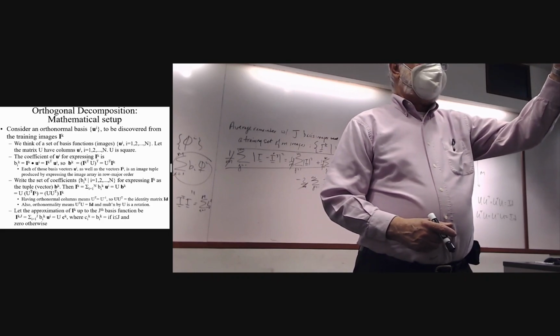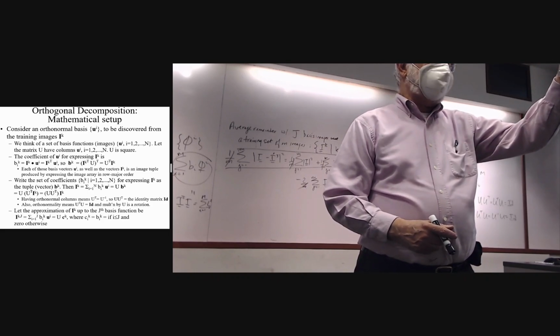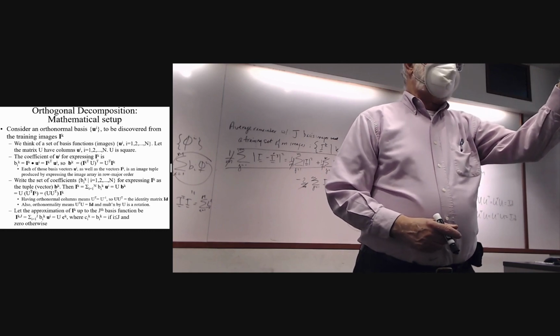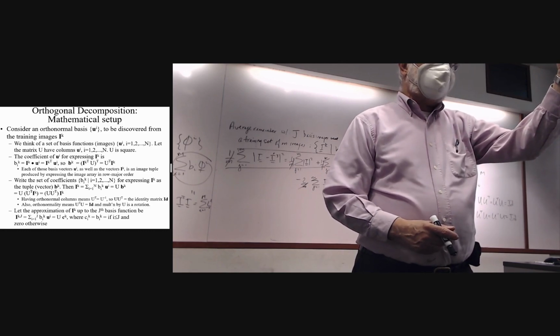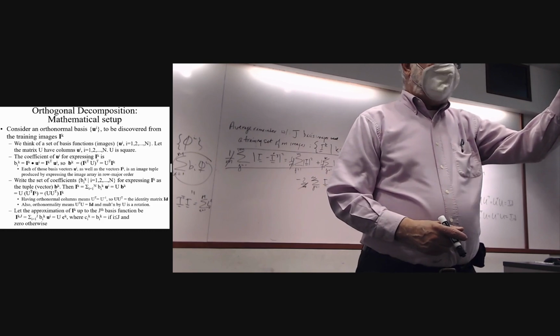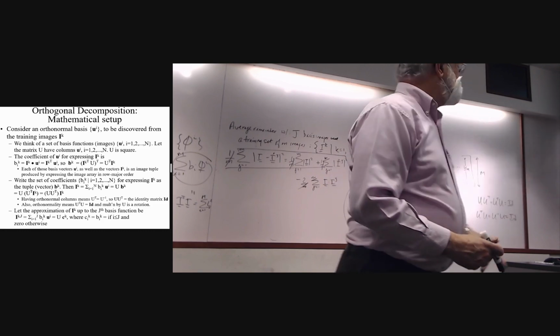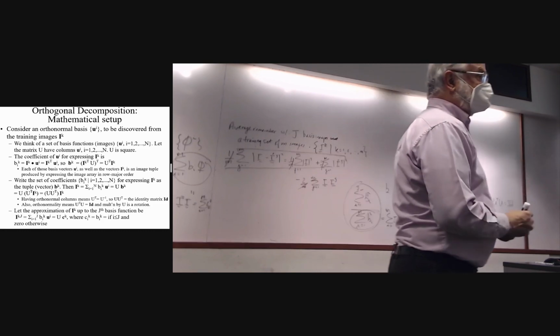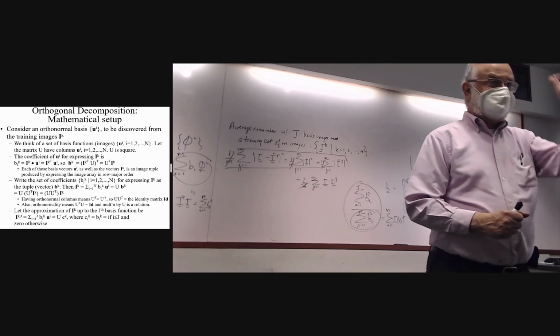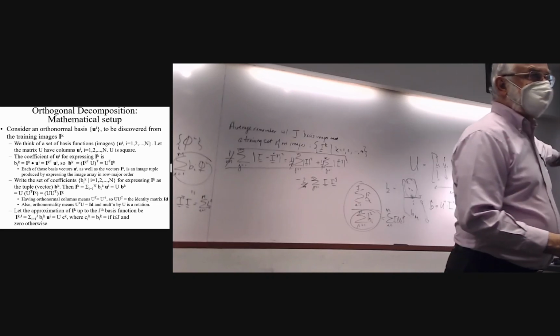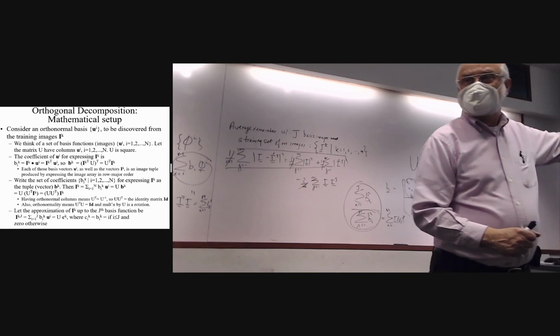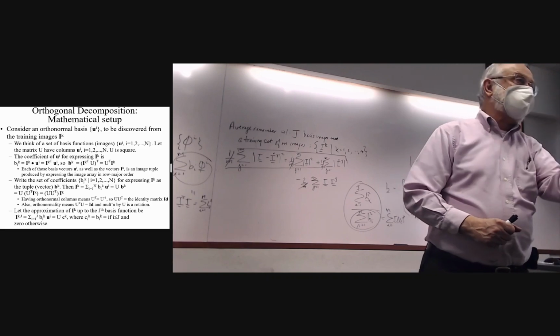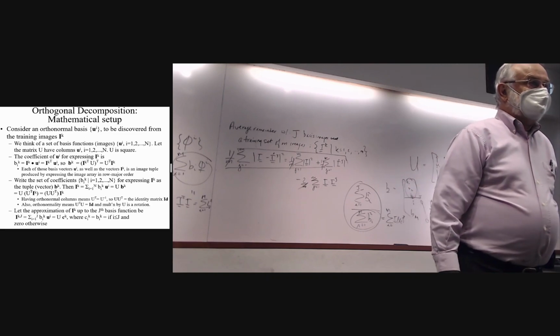Those are three basis images. And now I'm going to get a different basis. That's just a different, rotated basis. And the operator that does that rotation, that turns this into that, is capital U. It's the matrix multiplier that rotates your coordinate system.